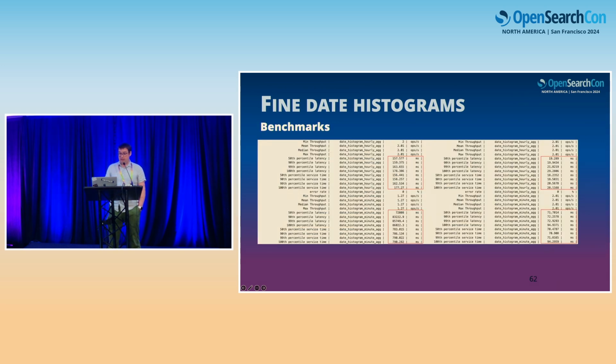I do have some benchmarks handy for this one. Again, I'm not sure how readable it'll be for you in the audience, but the key thing, if you look at the lower ones, is that the per minute aggregations got 1,000 times faster. Now, I don't recall if this is comparing against diving down and visiting the tree for each and every minute, or the vanilla iteration through the doc IDs.